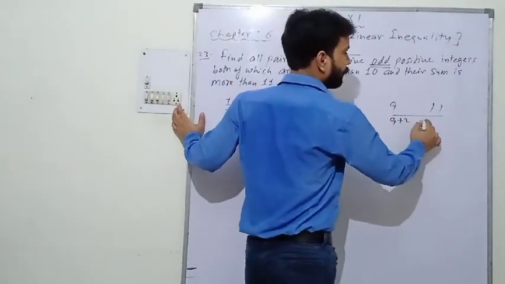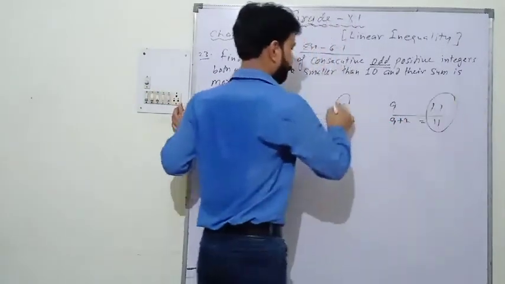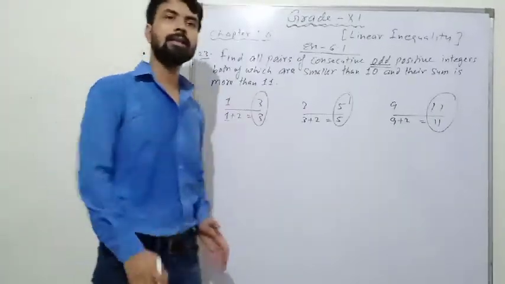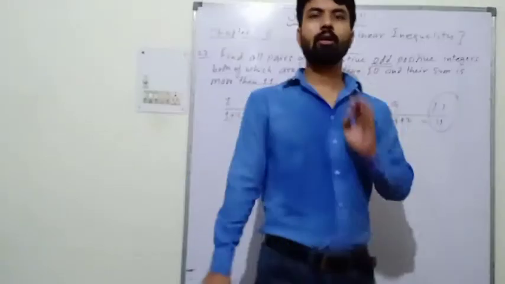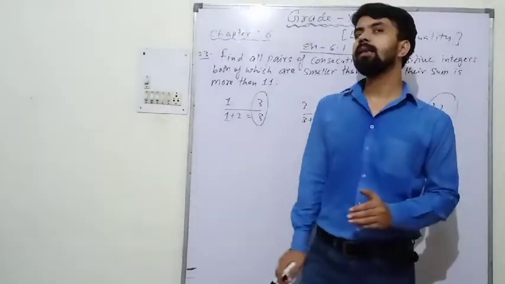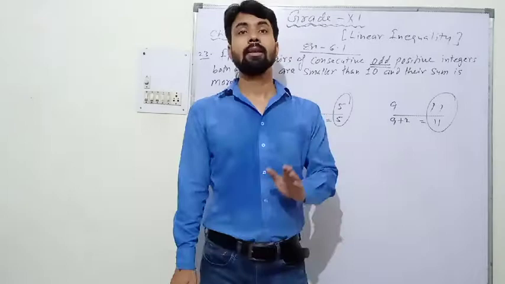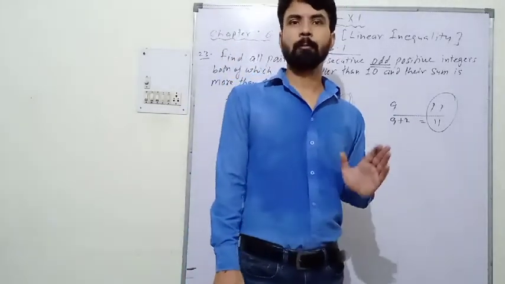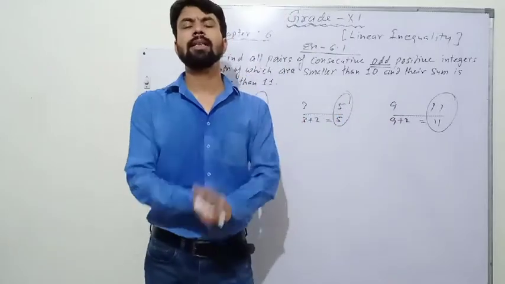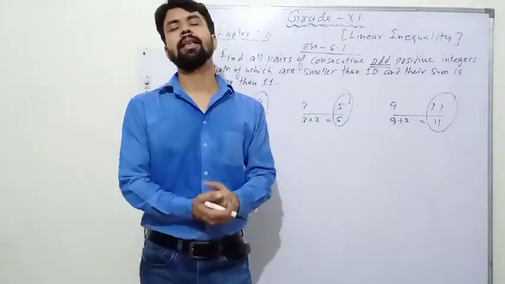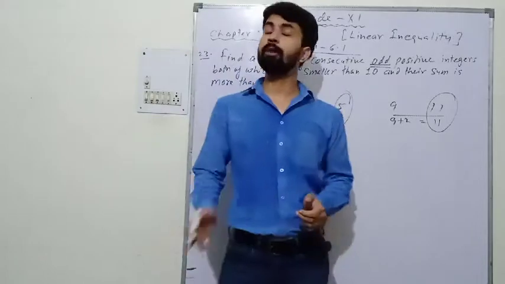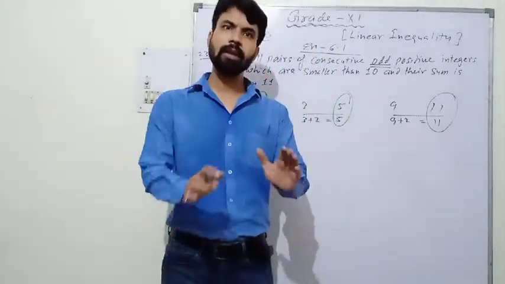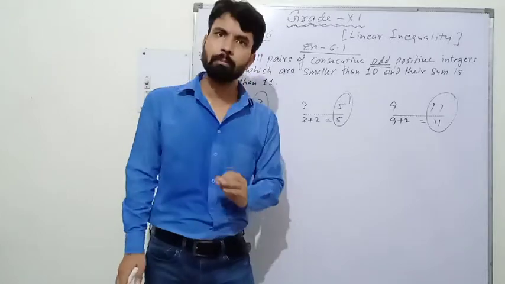If we add 2, then we get 11. Clear? So, if I consider the first odd number is x, then the next odd number will be x plus 2. Understood? Whenever a question asks about two consecutive odd integers, the first odd integer will be x and the other will be x plus 2. Only this concept you have to keep in your mind.